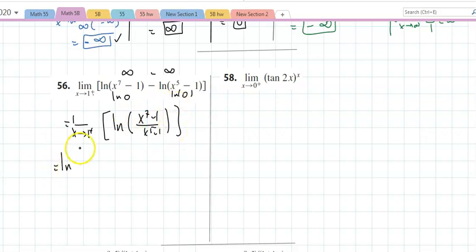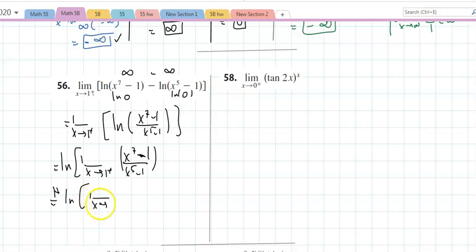And I could say that's natural log of the limit as x approaches 1 from the right. Where did 7 come from? You guys gotta be careful. And I could say by L'Hopital, that's the limit as x approaches 1 from the right, because that is 0 over 0.